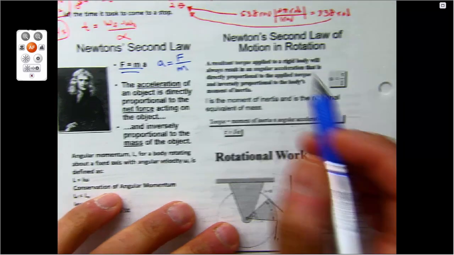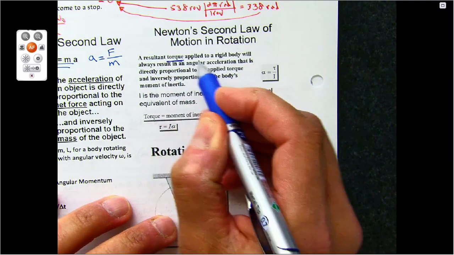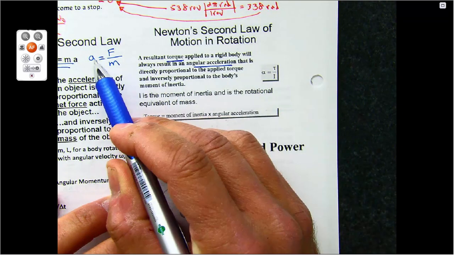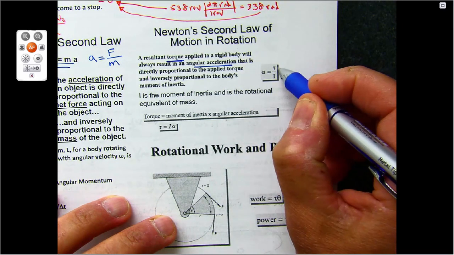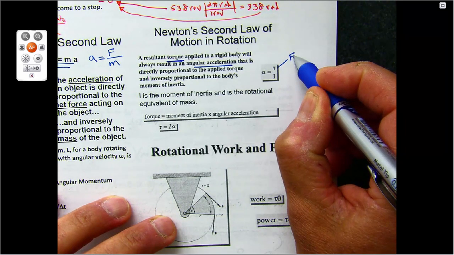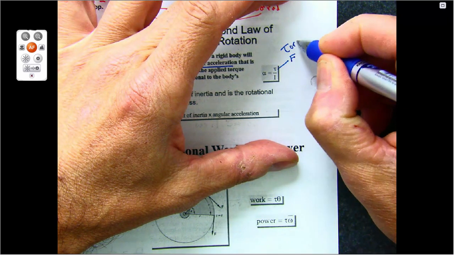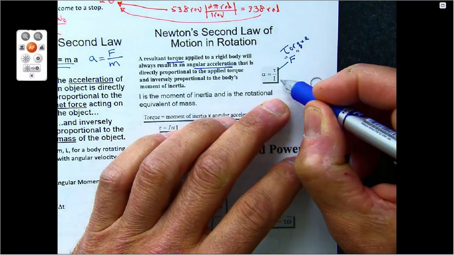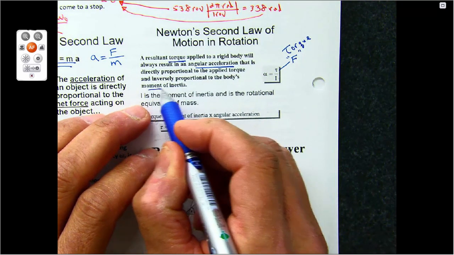Now, for torque, the resultant torque applied to a rigid body will always result in an angular acceleration that is directly proportional to the applied torque. Think of this as force, but this is really the torque. Think of that as force and inversely proportional to the body's moment of inertia.